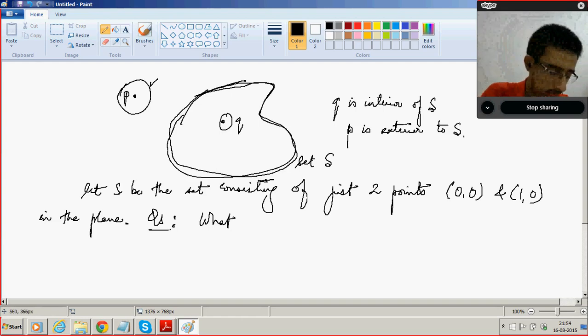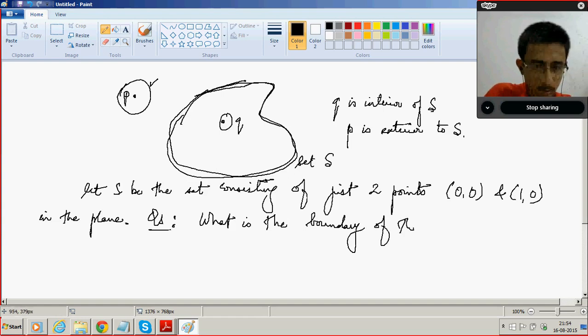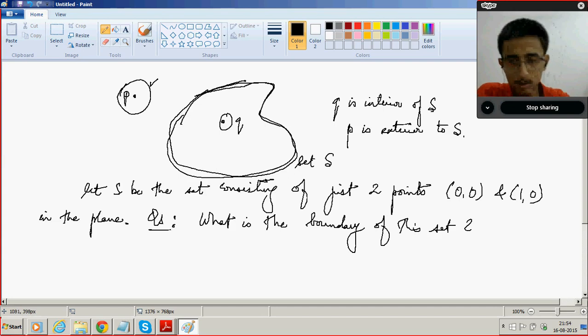Refer to the definitions and try to answer it. Come on, let's see. So the points themselves are the boundaries, and there's nothing defined as an interior to the set. Excellent.